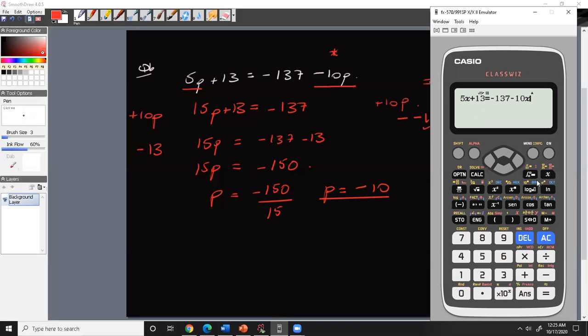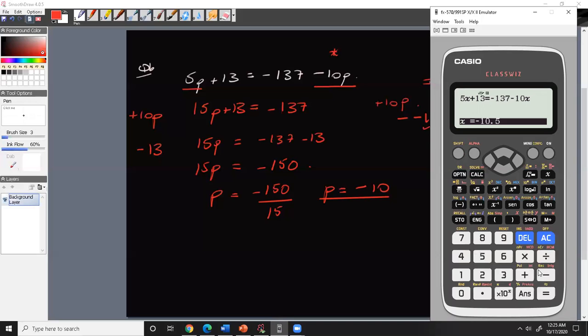Remember to keep your variable the same. Then shift solve. So that is going to give you, and it's not, so let me put it in again. So we've got 5x plus 13 alpha equals minus 137 minus 10x.